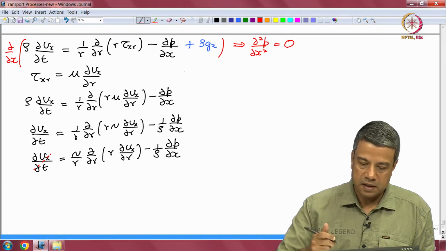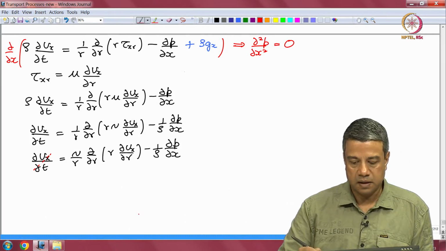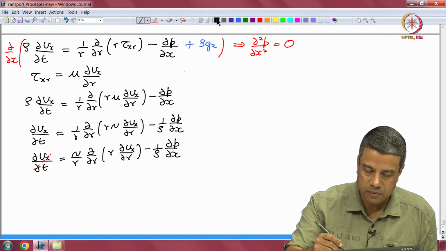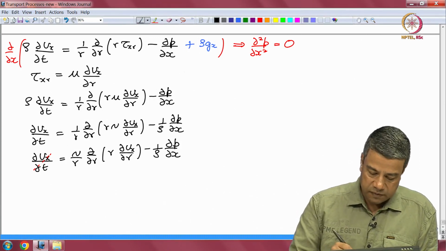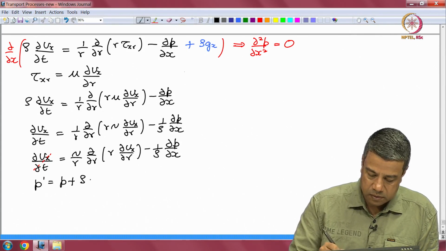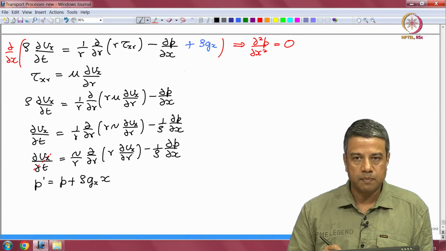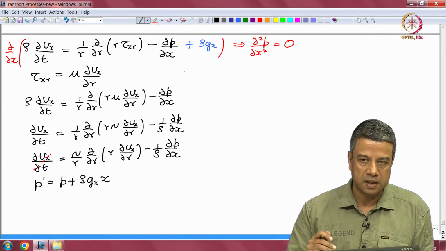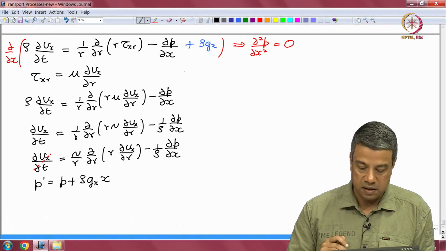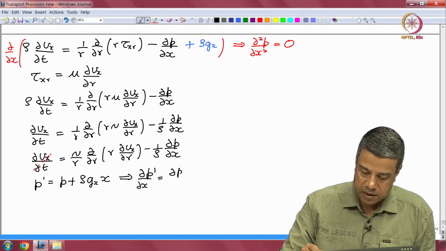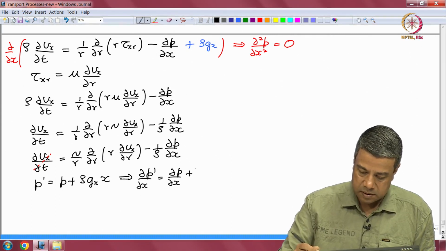What that means is that I can define a dynamical pressure field which incorporates the effects of this. If I define P prime is equal to P plus rho gx x, that is, you are including the hydrostatic head in the definition of the pressure, this implies that partial p prime by partial x is equal to partial p by partial x plus rho gx.